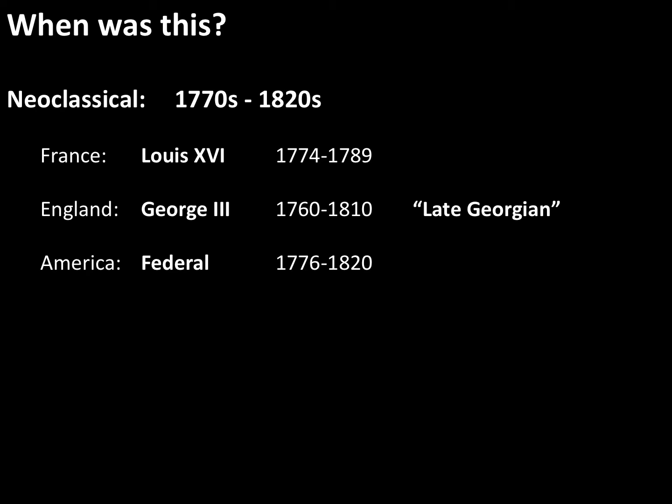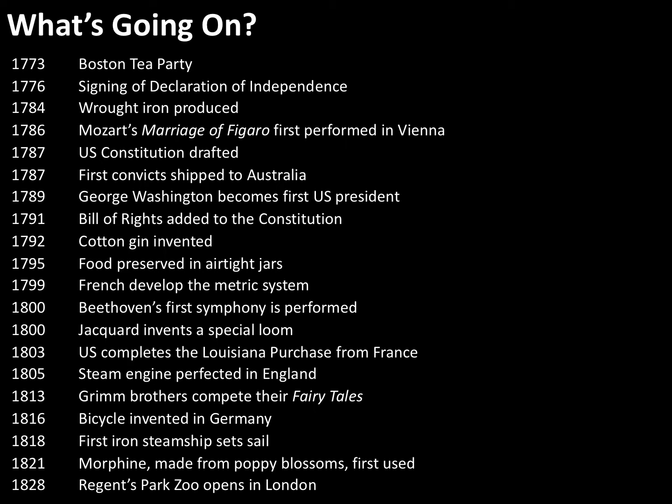United States is neoclassical. And I include this list of major things that are going on during this period that I think help contextualize it for us. So we have the Boston Tea Party and the signing of the Declaration of Independence. So we're right at the beginning of the country called America and how America is breaking away from being a British colony.